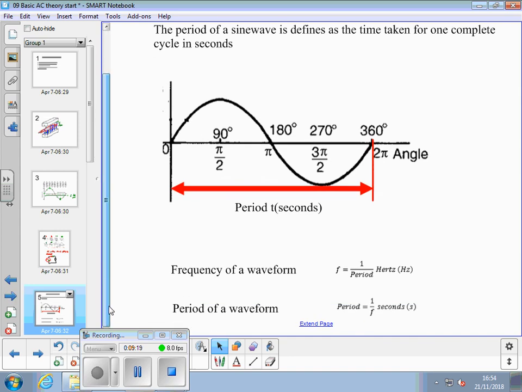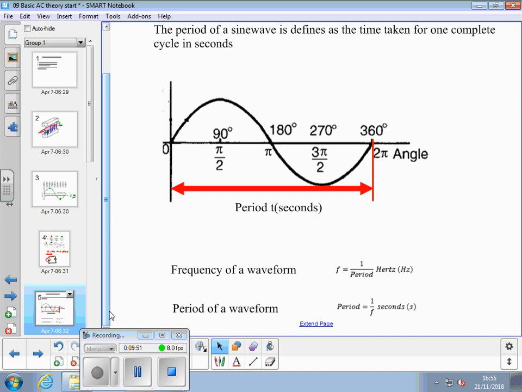Related to the period is the frequency. So the frequency of the waveform is how many cycles per second. If the period is half a second, then the frequency would be 2 hertz, 2 cycles per second.